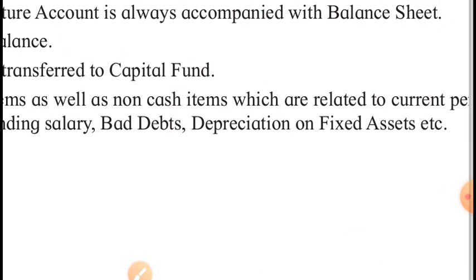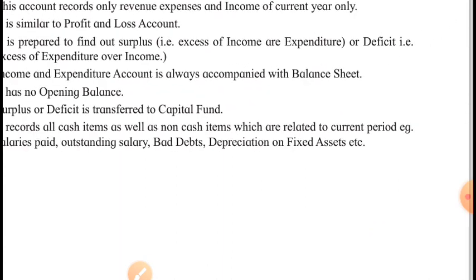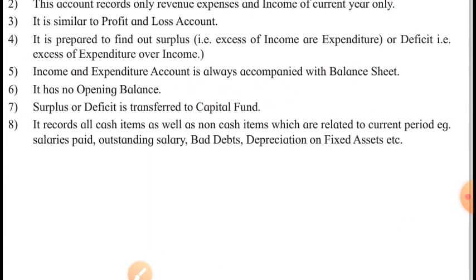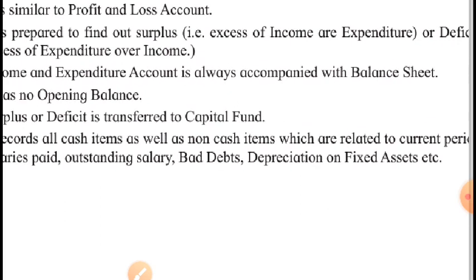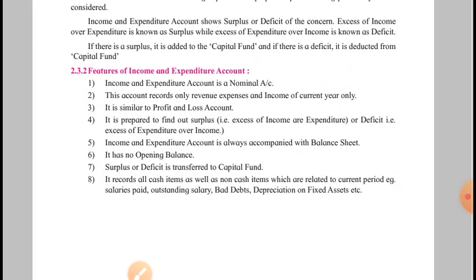Depreciation of assets: when we charge depreciation, when we show such loss for the business, we don't see any cash going out of the business for depreciation. But actually, the value of our asset gets reduced. So, the point is that not only cash but also non-cash items are shown in the income and expenditure account.